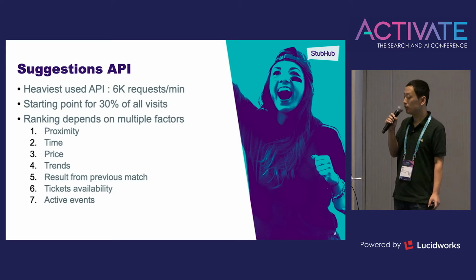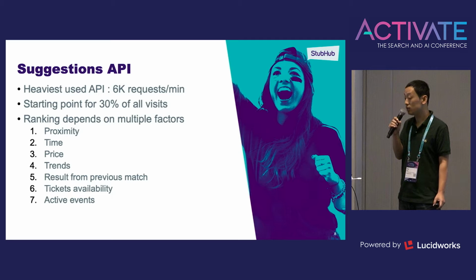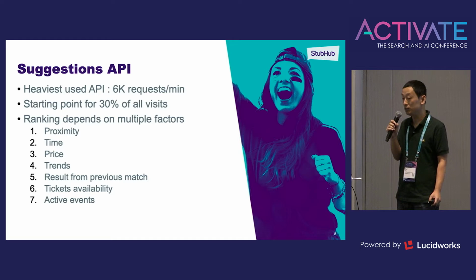For example, we have multiple factors. Proximity is definitely the first one, meaning the event time. If an event is going to happen soon, next week or tomorrow, it will definitely rank higher. Price means that if the event has some best deal or a good price ticket, it will also rank higher. Trending means that lots of people are looking for this event, with lots of page clicks or sales.